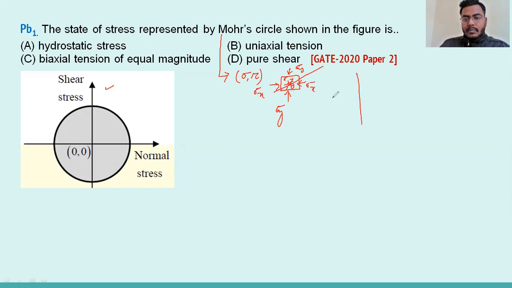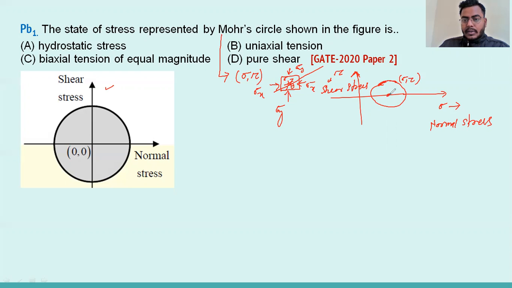So Mohr circle, suppose this is the Mohr circle that is drawn on the sigma and tau axis, that is tau axis on the vertical direction, or you can say shear axis also on the y direction, and we keep normal stress in the horizontal direction.